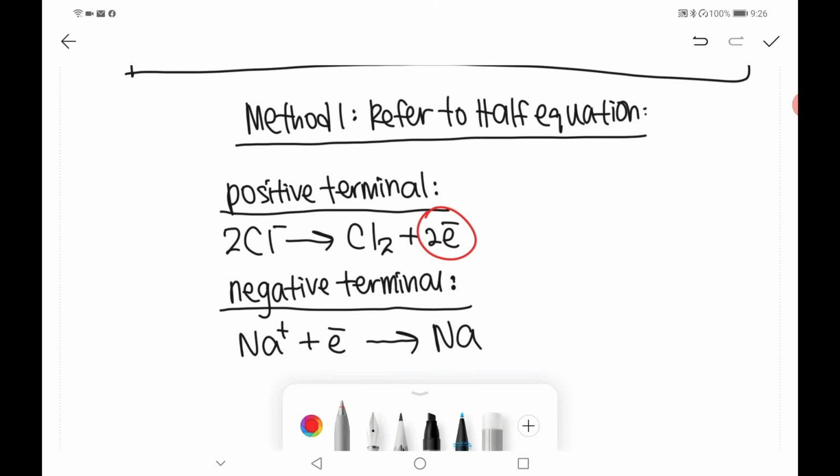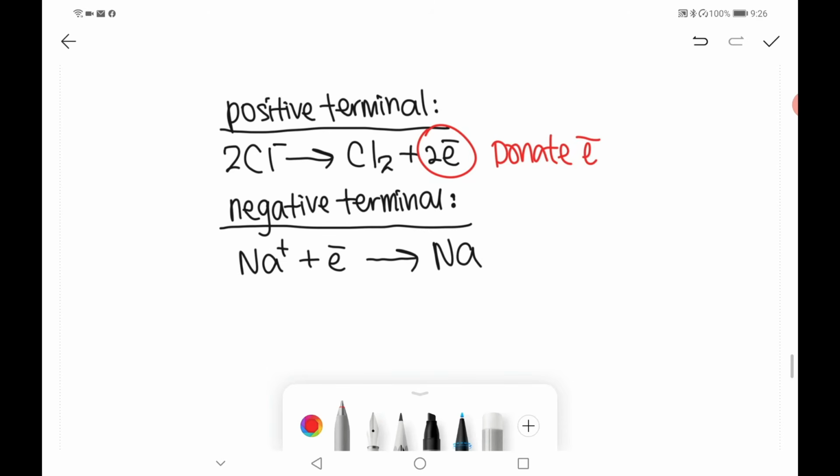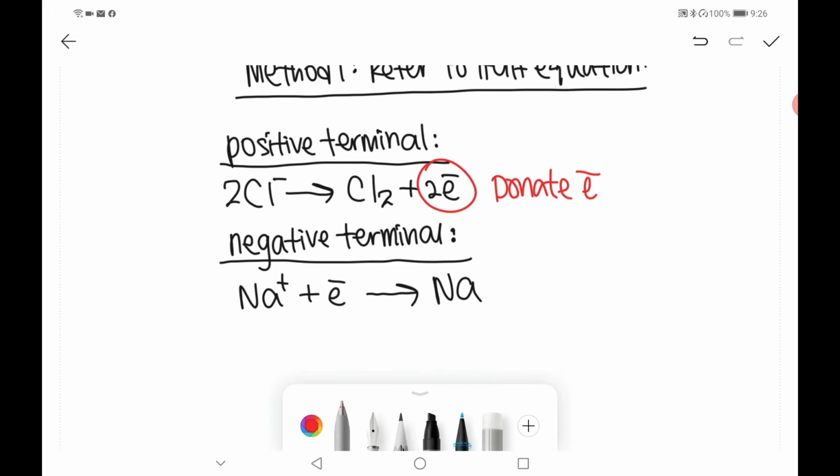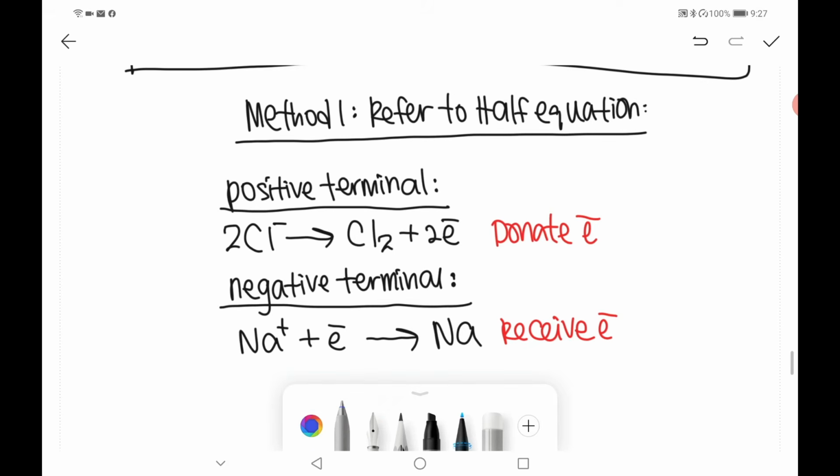The electron on the right hand side means donate electron. The second half equation has the electron on the left hand side, which means receive electron. So remember, the location of electron will tell you whether it's donate or receive electron. Once you know that, how do you relate it with anode or cathode? Remember what we learned before in Voltaic Cell.